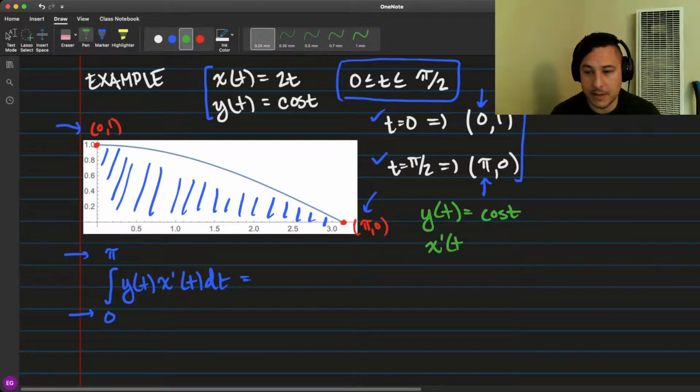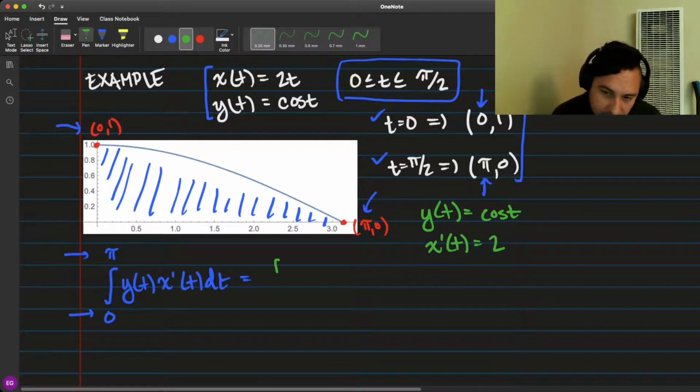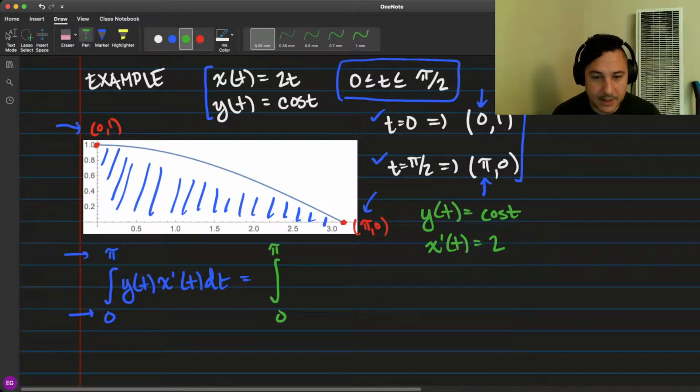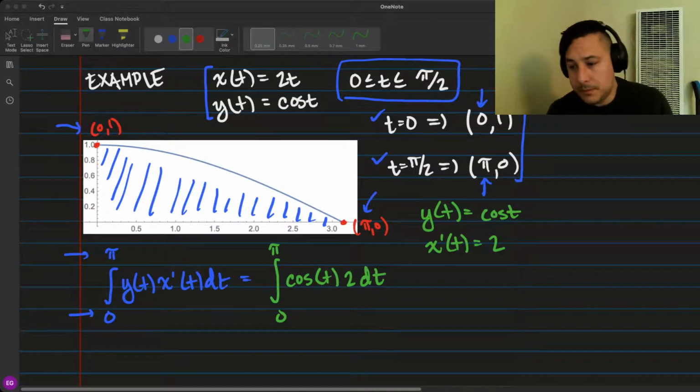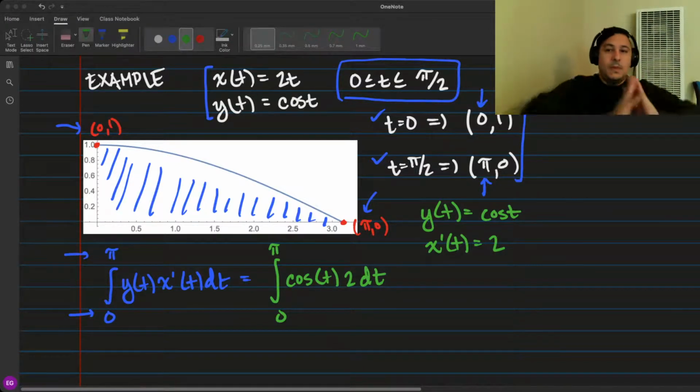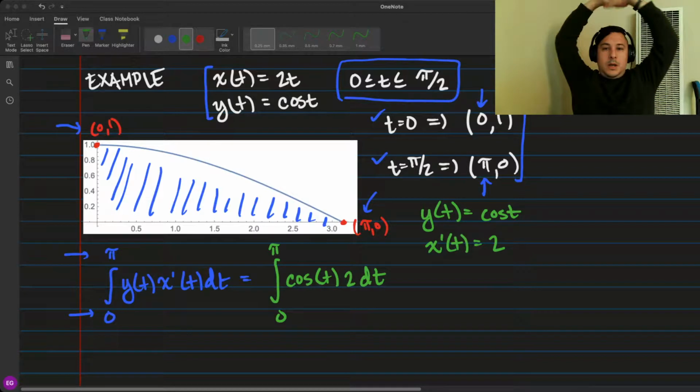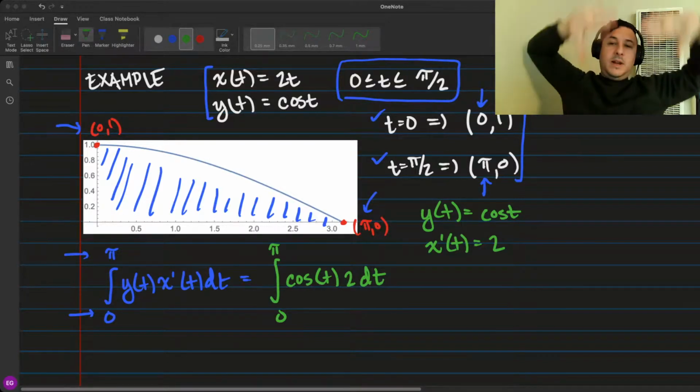My x prime of t is 2. So I'm going to integrate from 0 to pi cosine t times 2 dt. Any questions on where any of the pieces came from?